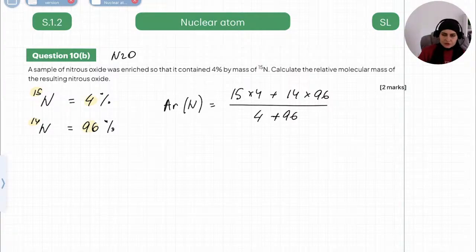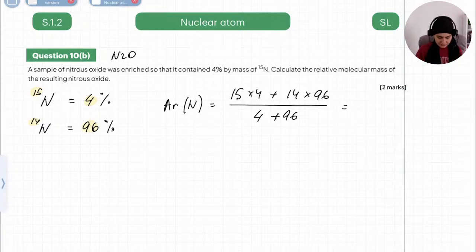These questions are very common, especially in recent years, when the number at the bottom is not 100. So just add all the abundances and divide by that number, whatever it is. Here it's 100. All right, I will calculate it on my calculator.